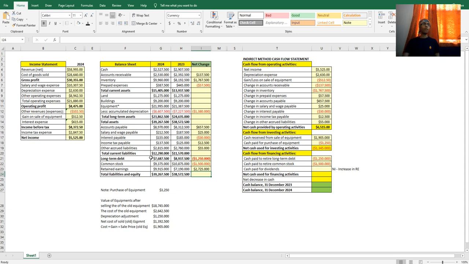So 5525 minus 2725 is equal to 2800. But remember, this is cash paid, so this is a cash outflow again. So we represent it in a negative form. So this is negative 2800, which implies net cash used for financing activities is the sum of the above three items.